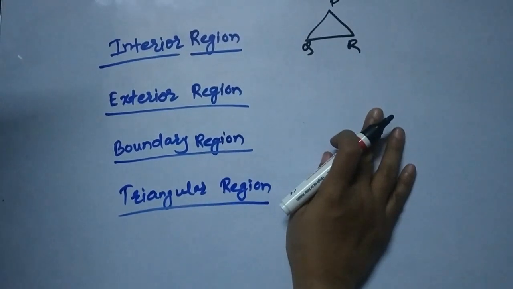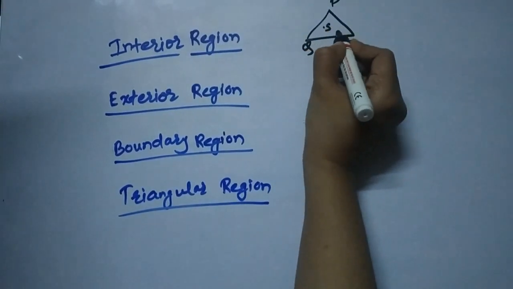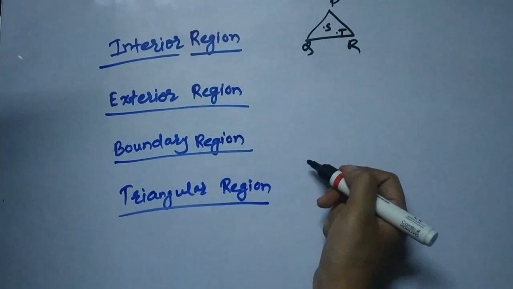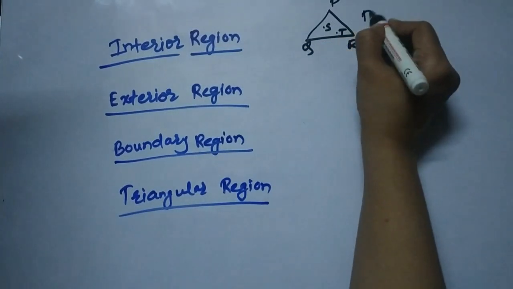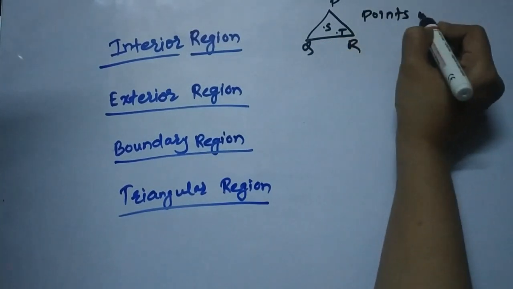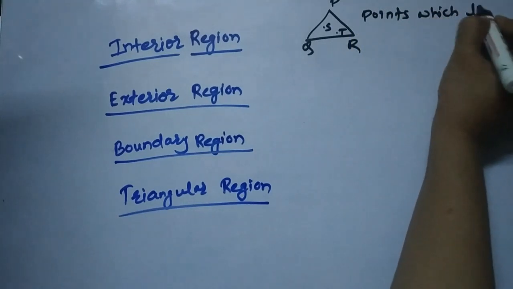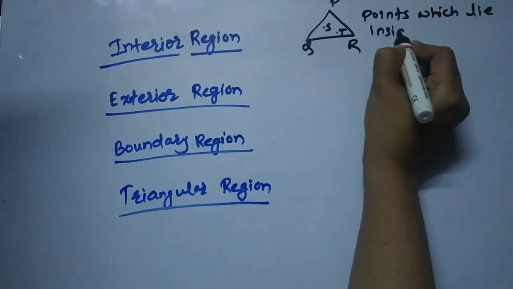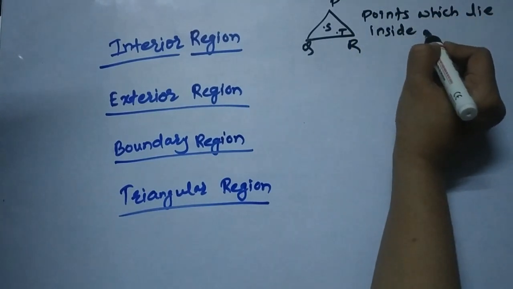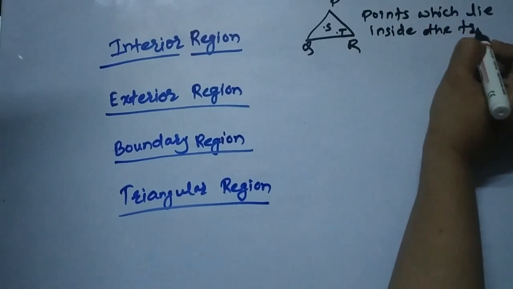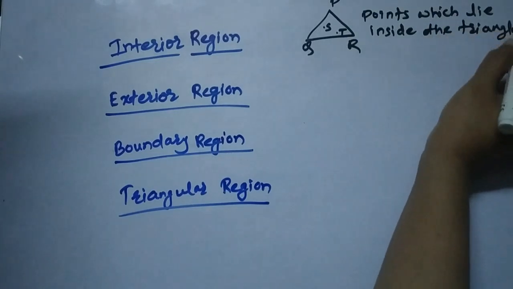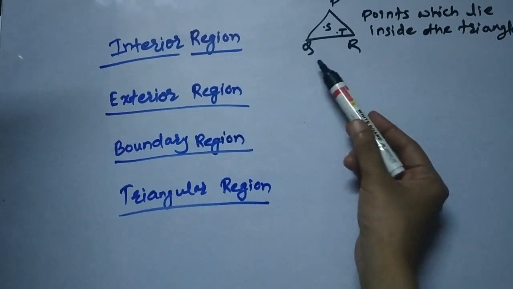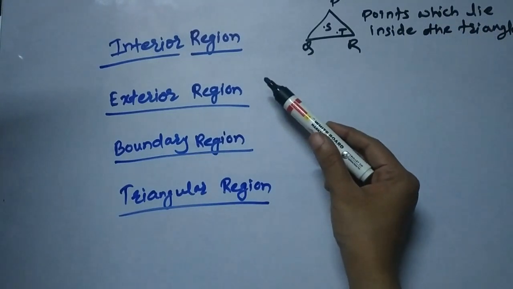In this triangle PQR, if you have a point S here and a point T here, you can see the points which lie inside the triangle. So the points which lie inside the triangle, you call them the interior region.